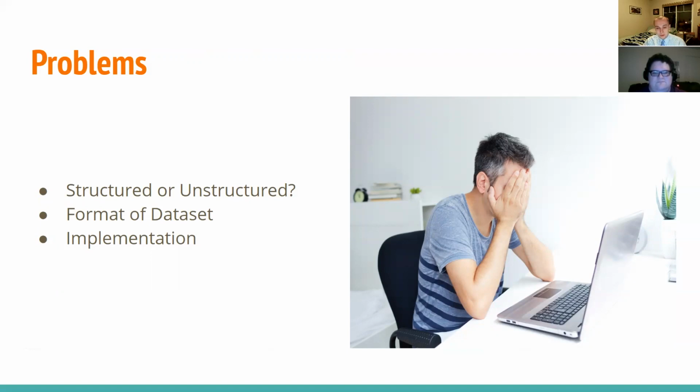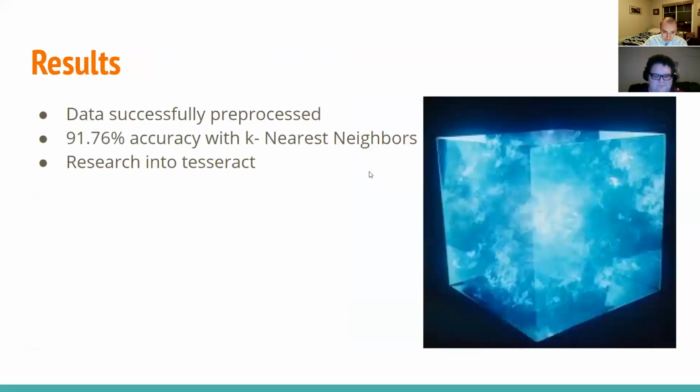We also had to work with implementation, and by implementation we mean what we want to eventually do is be able to take a picture and work with that, not an easy file set like MNIST or EMNIST. So what we've been trying to do is use OpenCV to look at handwriting and get that into the format we want.